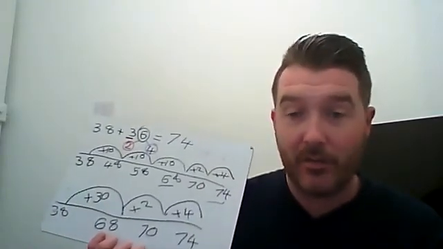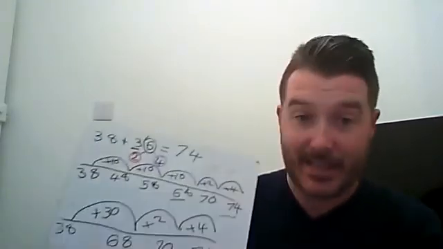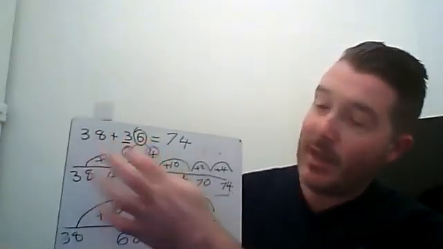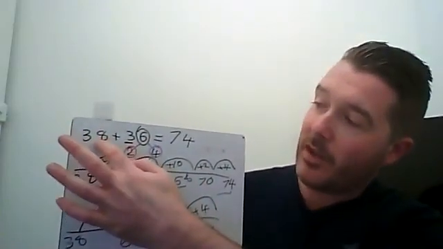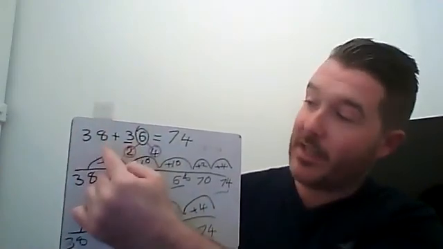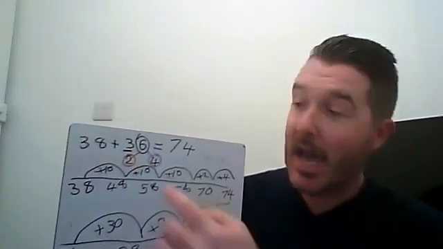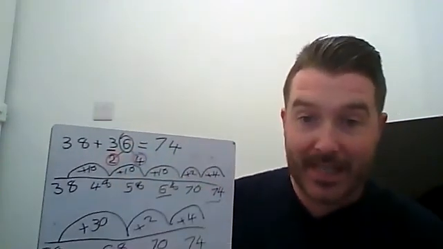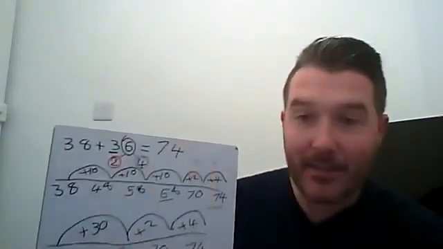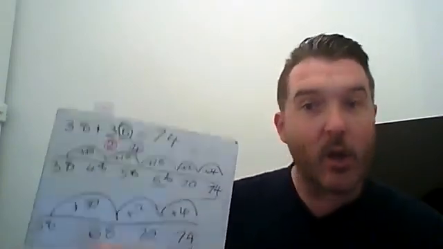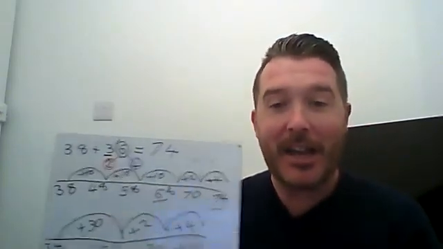There's no right or wrong way to do it as long as you get that answer. But it's really important that we look at what goes with this first number to make it to the next 10. That's really, really, really important. And we only do that on the ones of the second part, okay? We don't do anything with the tens of the second part. I hope I haven't confused you too much.